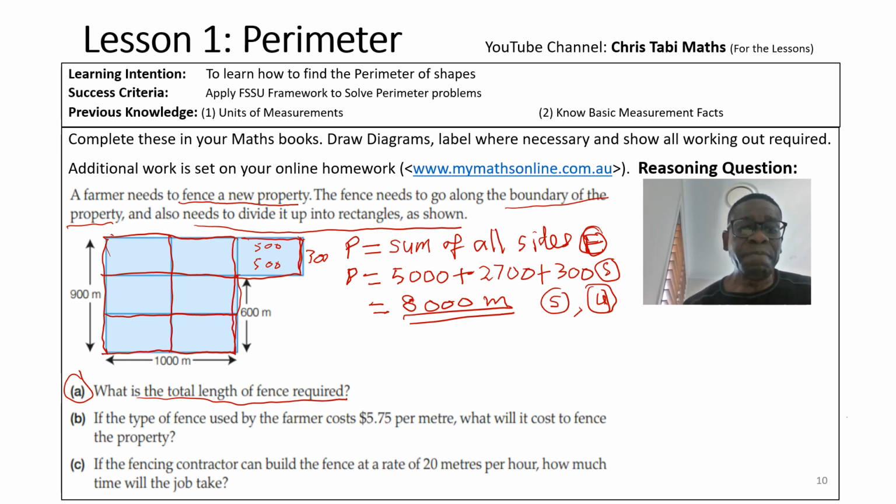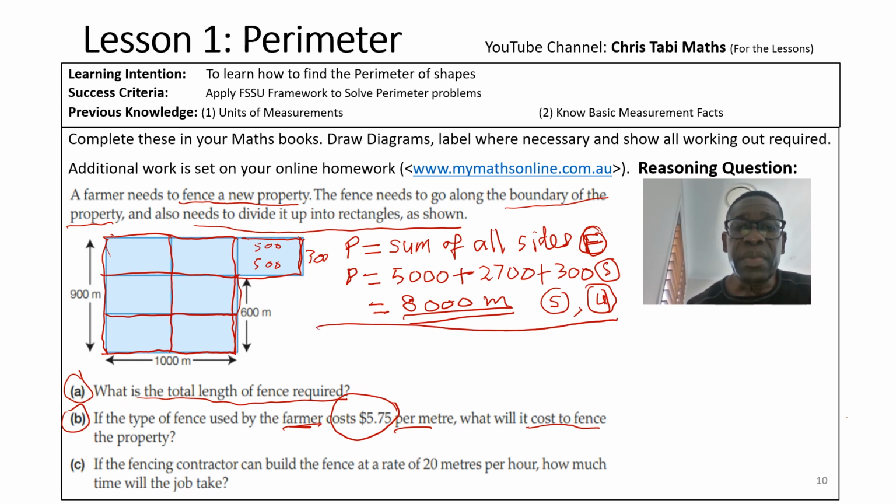Right. Now, question B. If the type of fence used by the farmer costs $5.75 per meter, what is the cost to fence the property?